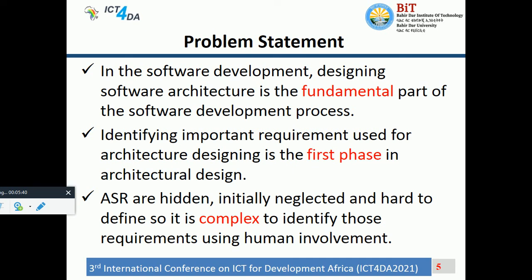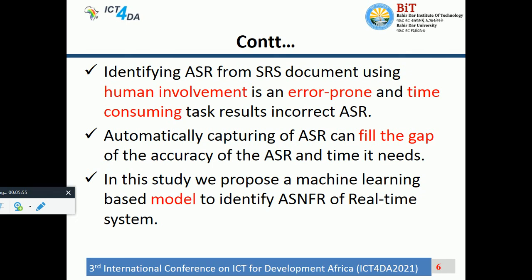Those characteristics make ASRs complex to identify with human involvement. So we need to automate this process.